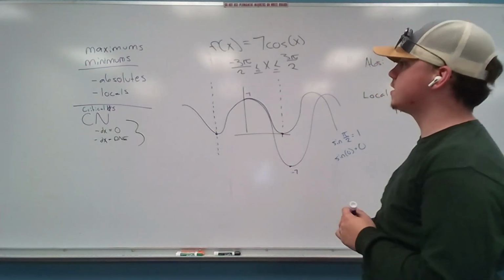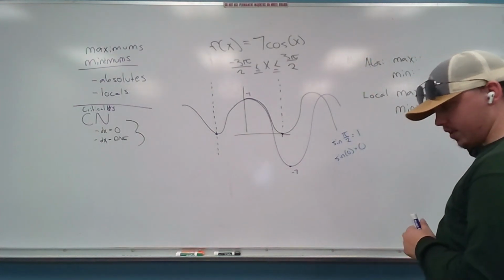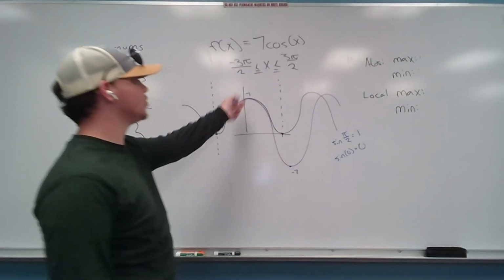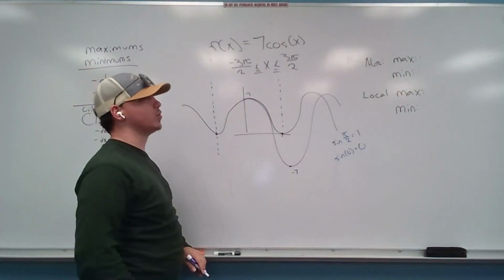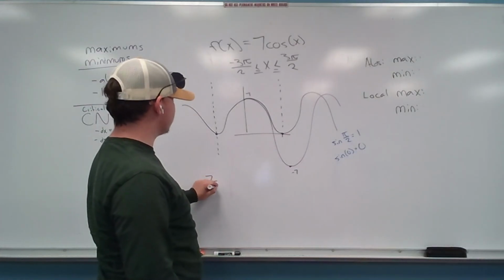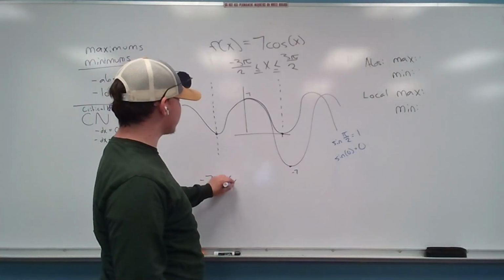But if we wanted to find it using a critical number, what we would do is take the derivative. The derivative of cosine is negative sine, so it would be negative 7 sine of x.